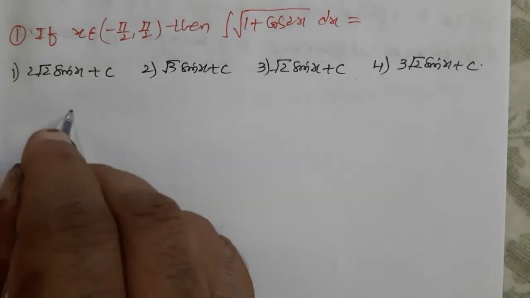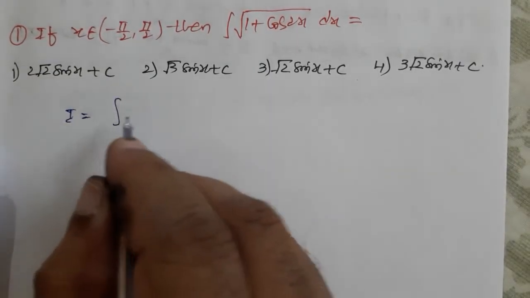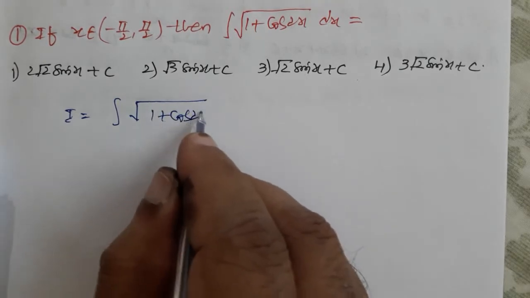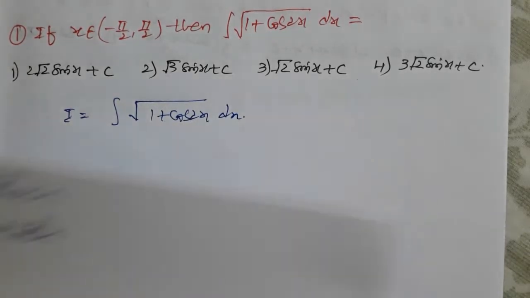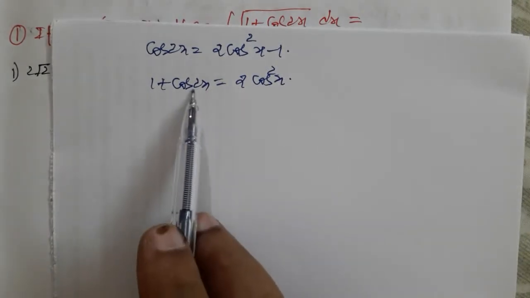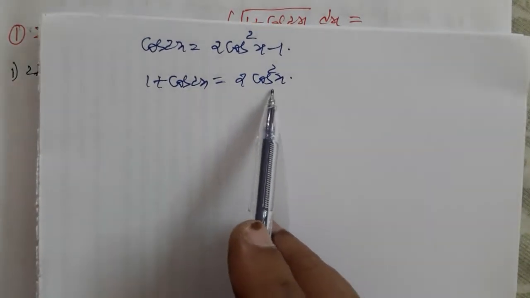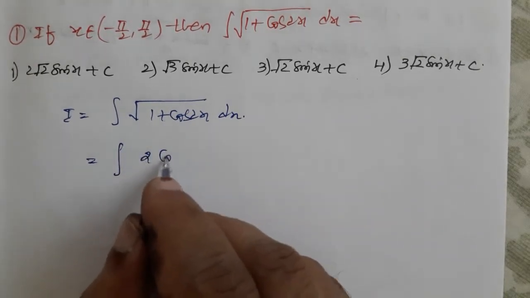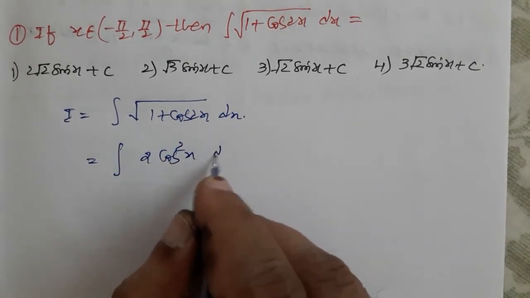I is equal to, I represents the integration, square root of 1 plus cos 2x dx. In place of 1 plus cos 2x, we can write 2 cos square x. So that is equal to integral of square root of 2 cos square x dx.